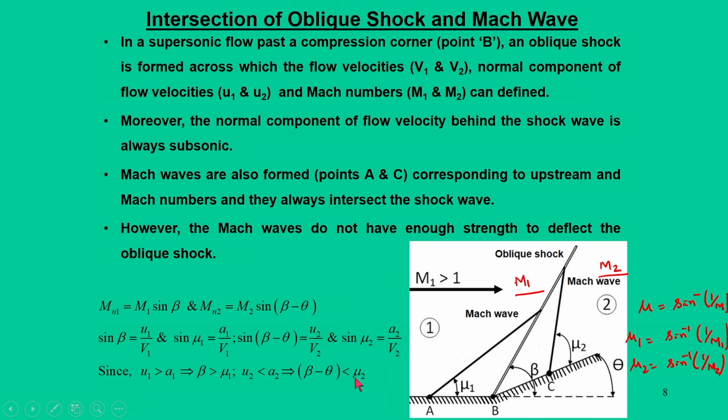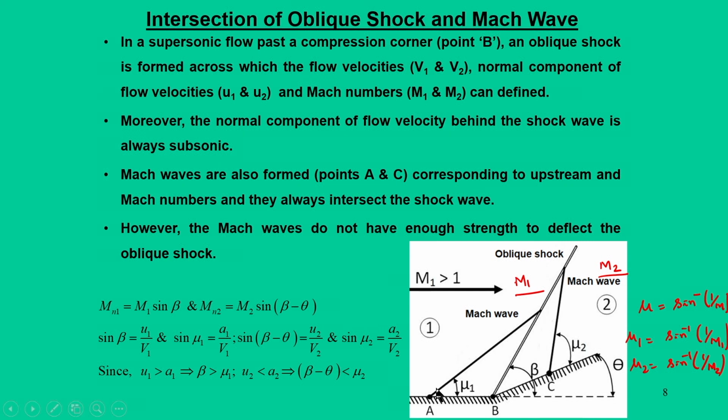From this geometrical information it is now proved that the Mach wave formed with respect to an oblique shock must hit; they cannot go in other directions. Once they are formed, at some point they are going to hit the oblique shock. That means a Mach wave always hits the oblique shock.